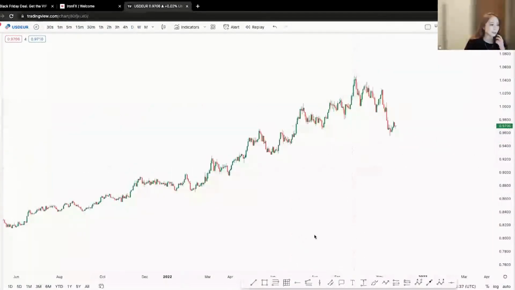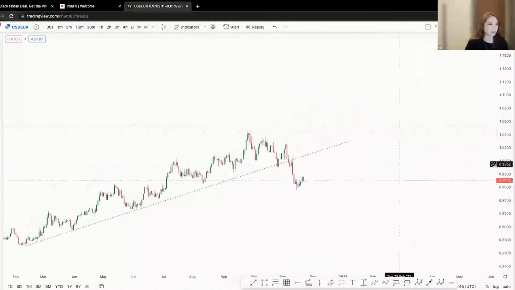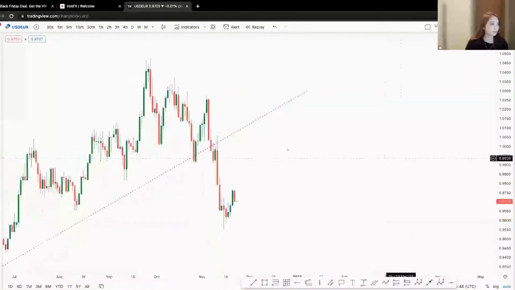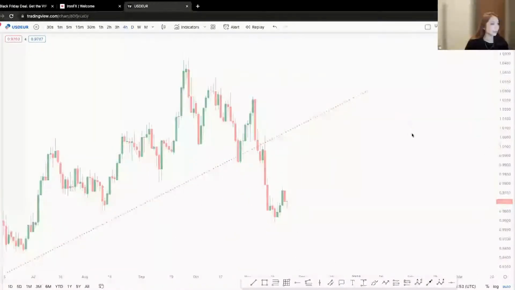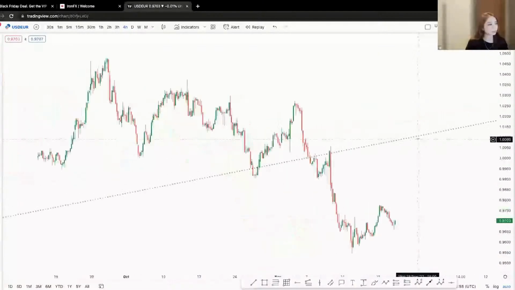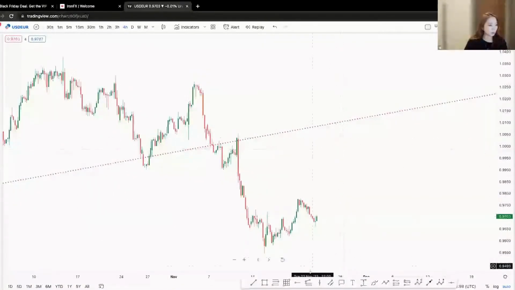Let's look at daily. Previously upward moving trend has now dropped down. So we're looking on the decline side of things for dollar euro on the daily, and let's look at 4 hourly. 4 hour mark.